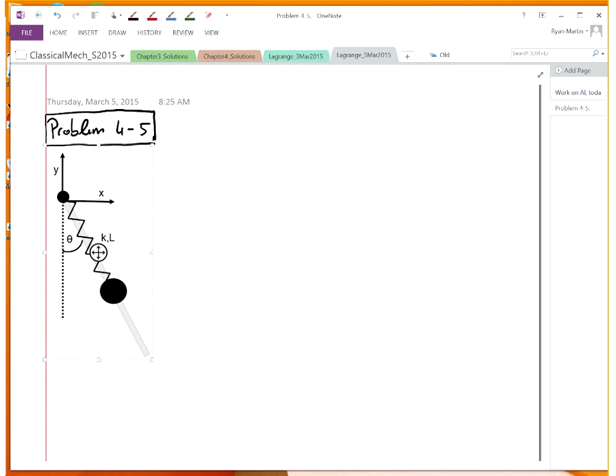So problem 4.5, we have a pendulum with a spring on it. So you have this rod, the light gray part, it's massless, and the pendulum, the bob has a mass m, which I guess I forgot to indicate on the diagram.